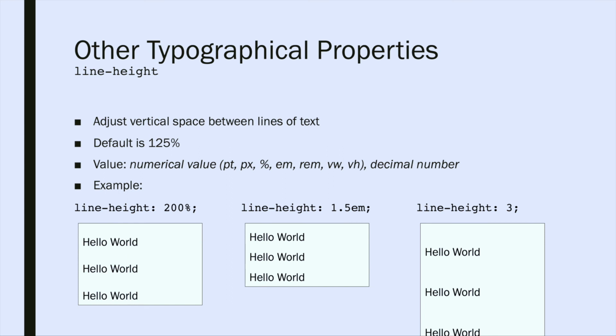To give you a good example, line height 200% basically allows for double spacing between the lines. Line height of 1.5 EM basically means 150% of the actual scaled text. And line height 3 means that you are actually having 3 lines, including the one that it's on, between each element of text.